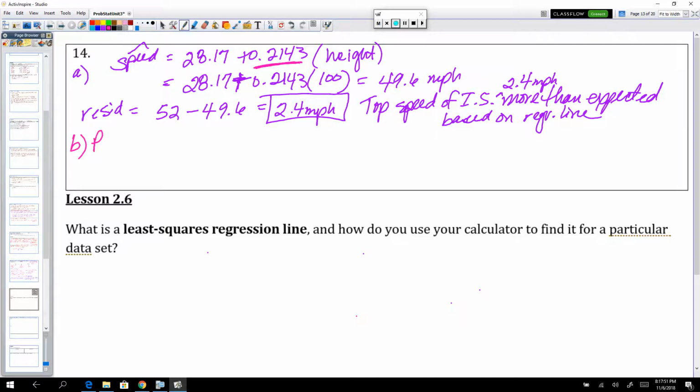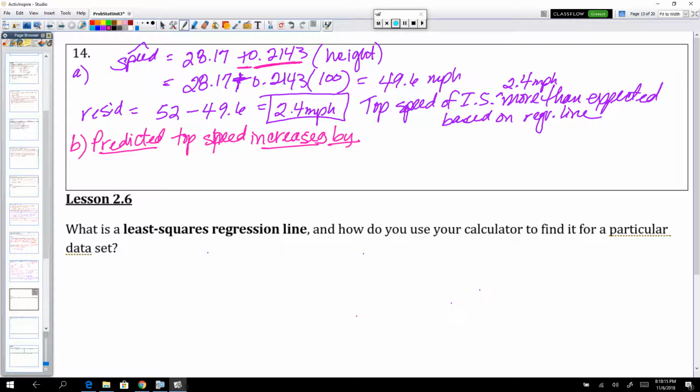The predicted, that will always be your first word when interpreting slope, the predicted top speed increases by, now sometimes this will be increases by and sometimes it will be decreases by. Since this is positive, in this particular case, it will be increases by.